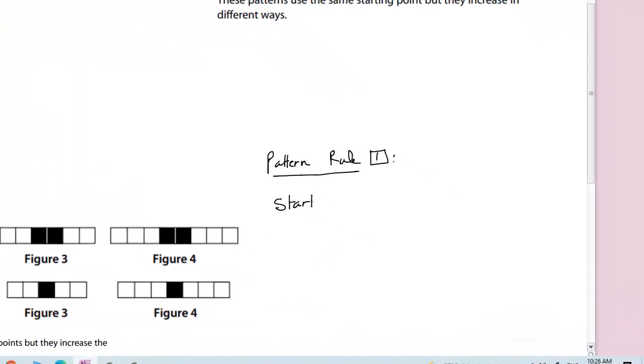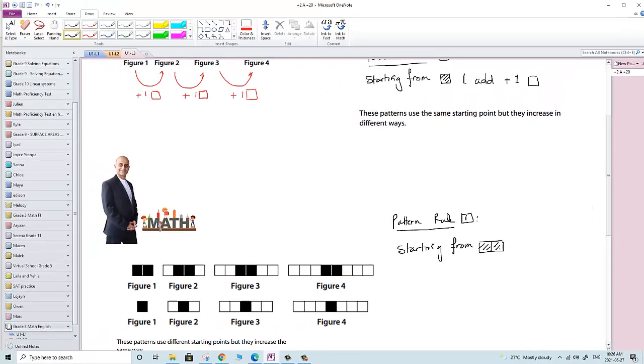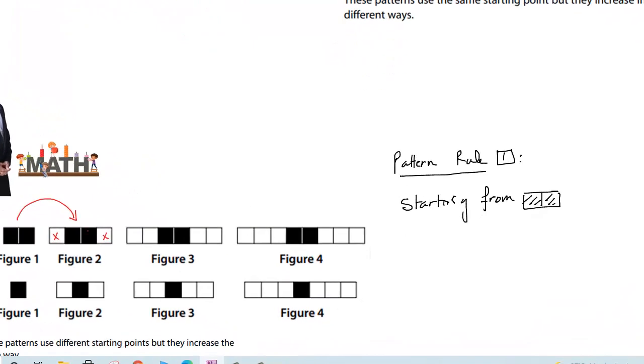So starting from 2 black block. Perfect. If I see here the change from figure 1 to figure 2, I notice something, that I'm adding one block here and one block here. That means I am adding 2 white block.